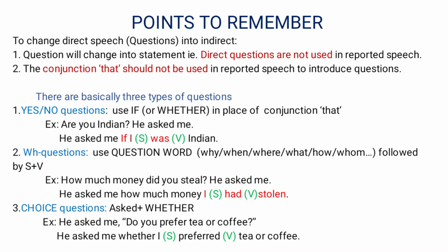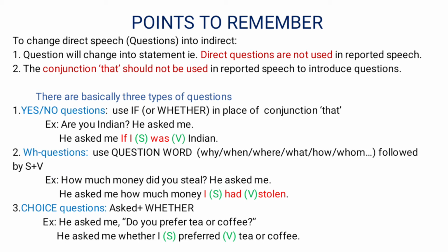Second is WH question. Now, what are WH questions? Generally, WH questions begin with what, when, where, who, whom, which, whose, why, and how. We use them to ask for information, and the answer cannot be yes or no. And while reporting these questions, we will use the WH word followed by subject plus verb.